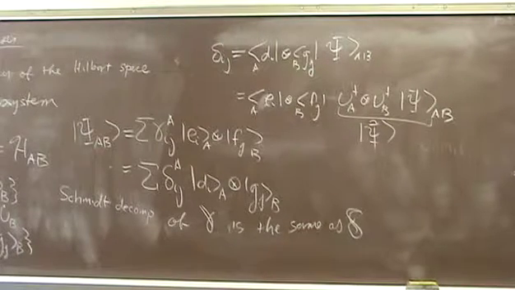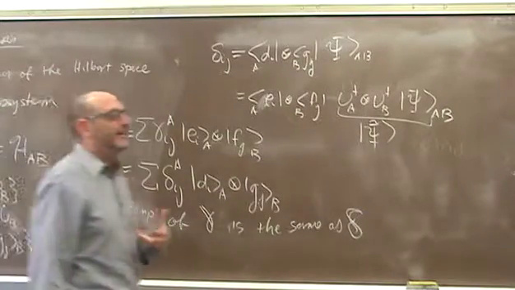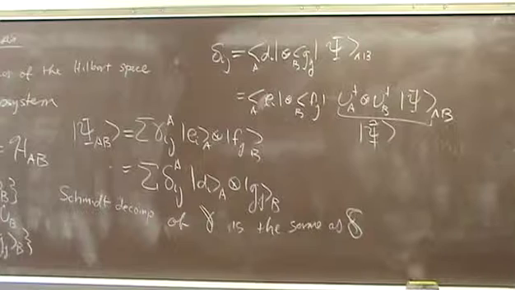So changing the basis is often said, well, when you change the basis, you don't change the entanglement. However, you have to be careful. That's if what you're doing is changing the basis locally. Obviously, if you change the basis globally, you can change the entanglement of the system.